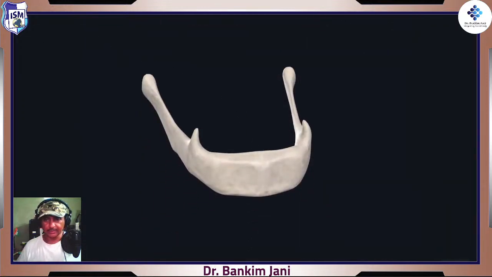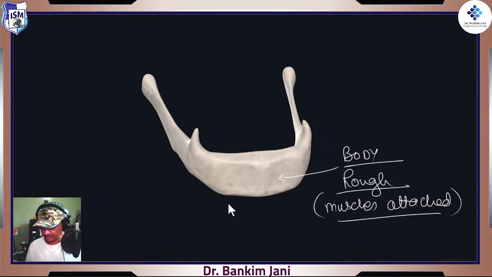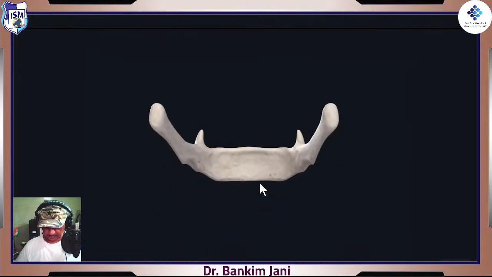Just another view. See the body. That's the body. Looks rough, right? And if it is rough, there can be only one reason: muscles would be attached. But these muscles are pretty straightforward, no complications. Straight to the point. See?